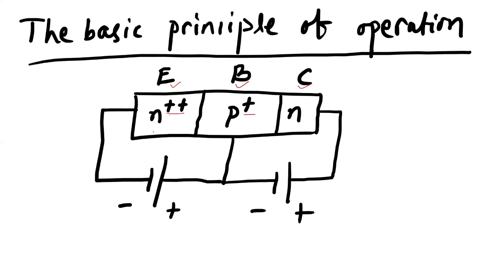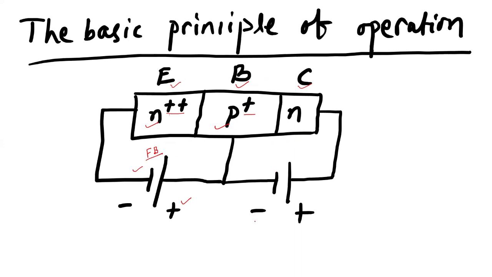Now you can see the N region is connected to the negative terminal of the cell, and the P region is connected to the positive terminal of the cell. So this one is actually in forward biased mode. You can see N region connected to negative, P region connected to positive. So the emitter base junction is forward biased. Now see the BC region, that is base and collector region here.